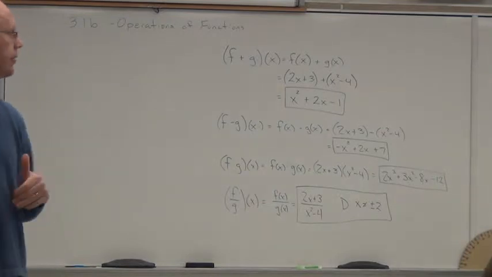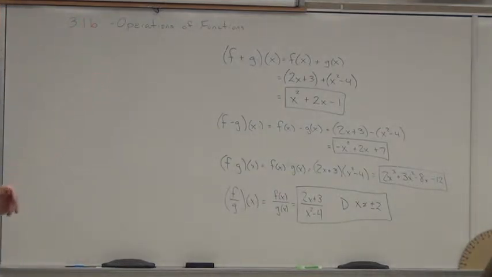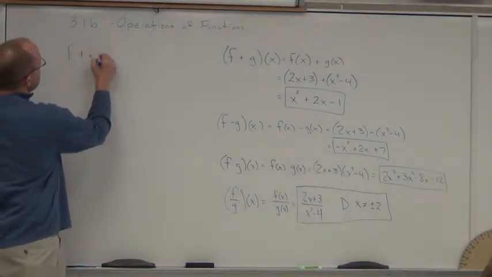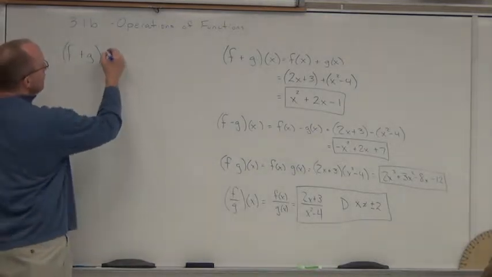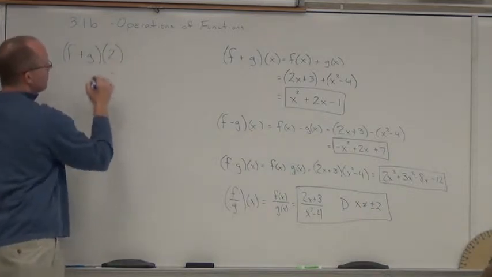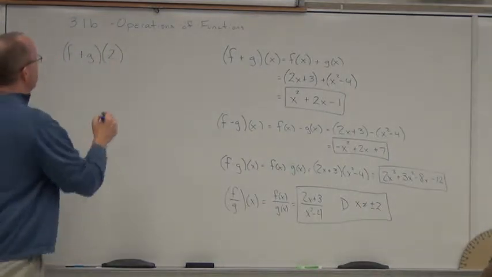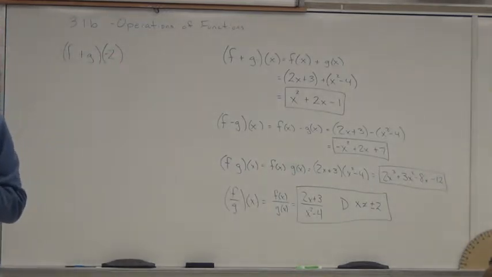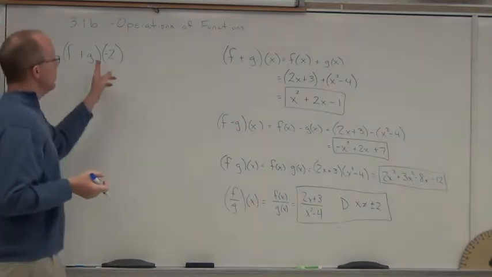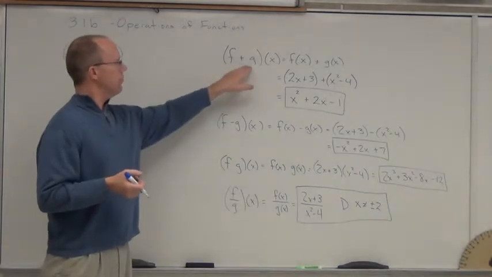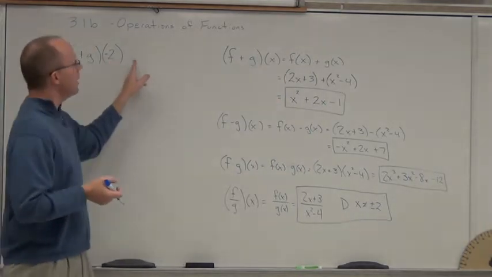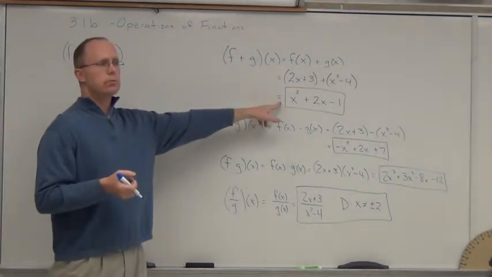Then the next part of the assignment, still using this idea of operations of functions, but instead of having f plus g of x, they're going to give you an actual number. Let's do negative 2 here. The easiest way to do this is, because I already did the addition of the functions and got an answer, just plug the negative 2 into your answer.